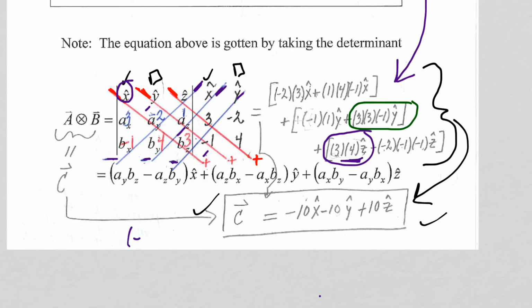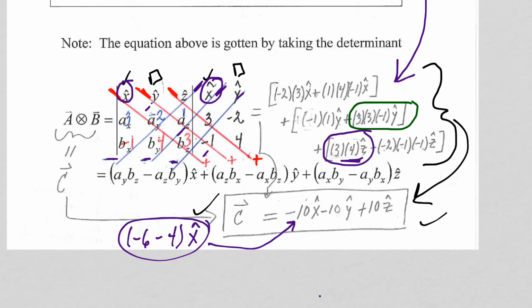So we are going to get negative 6 from that multiplication. We are then going to go over here and do 1 times 4 times negative 1 and get negative 4, and that is our x hat answer. That is the negative 10 that we have here.